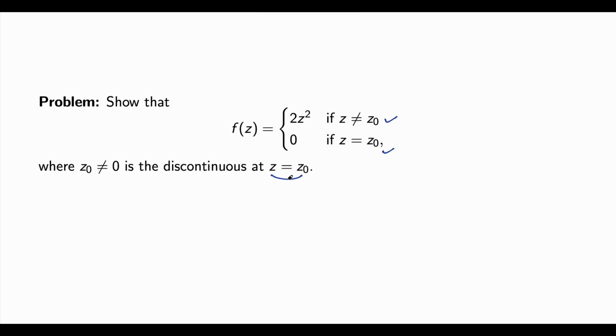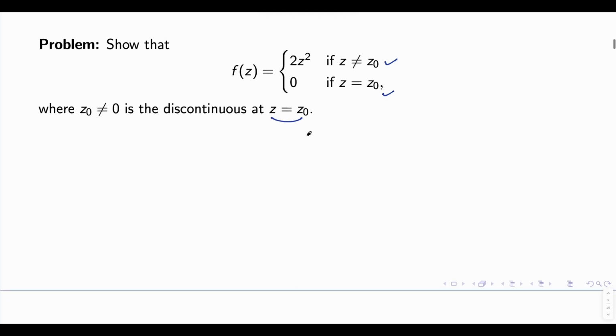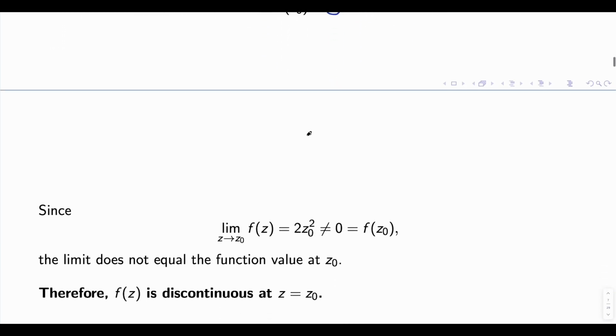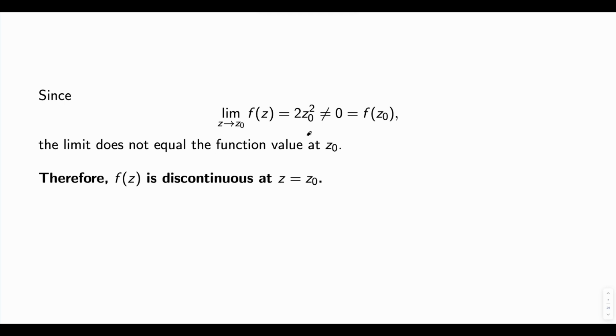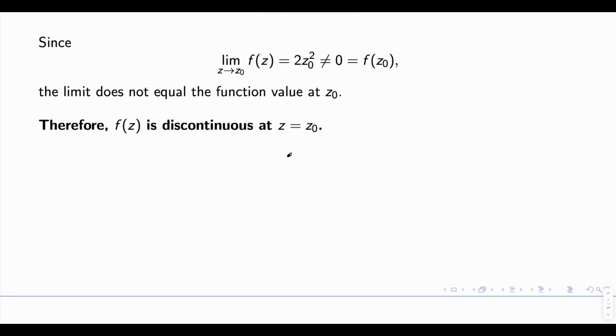So such a type of discontinuity is called removable discontinuity. You can remove that discontinuity by redefining your function. That is a very important point. So therefore this function is discontinuous at z = z0.